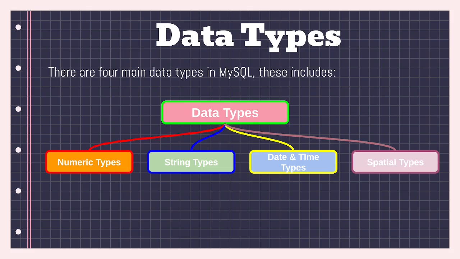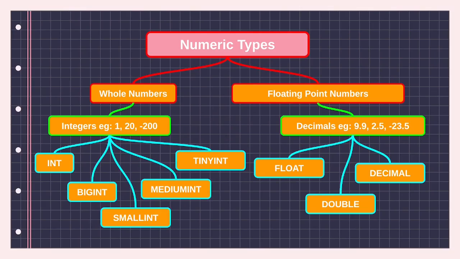Okay, so let's get into it. In this video, we focus mainly on numeric data types, and numeric data types are divided into two main parts. The first one is whole numbers, and the other one is floating point numbers. The whole numbers, you can think of them as integers. They're divided into five main types: int, bigint, mediumint, smallint, and tinyint.